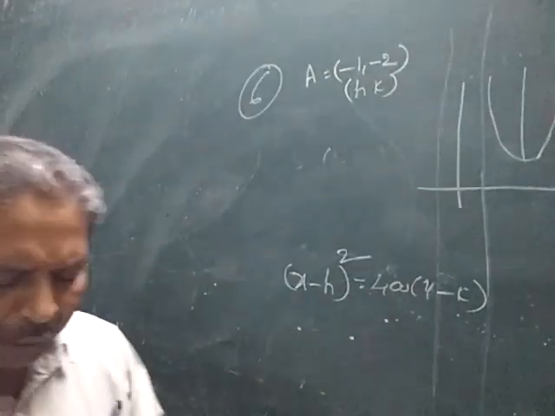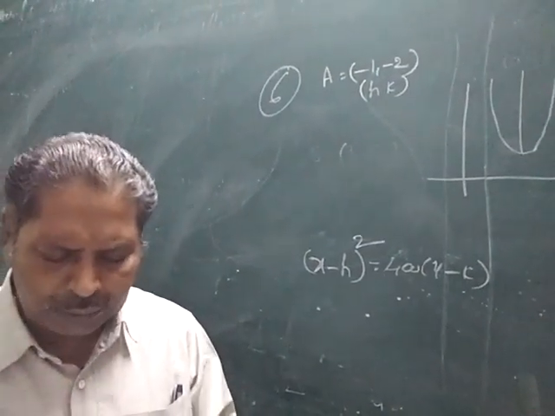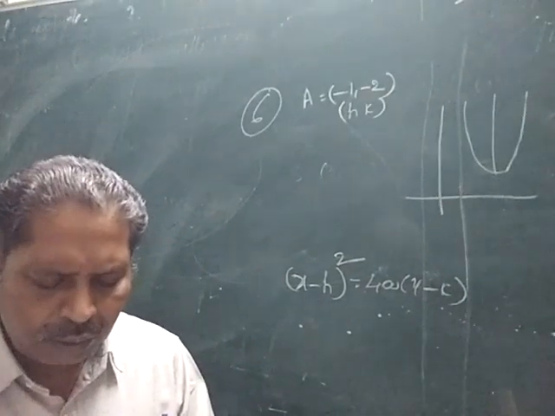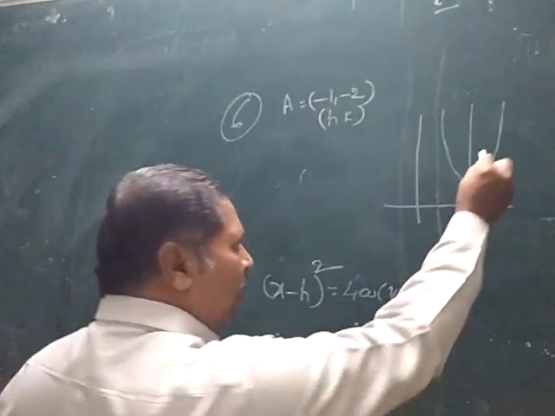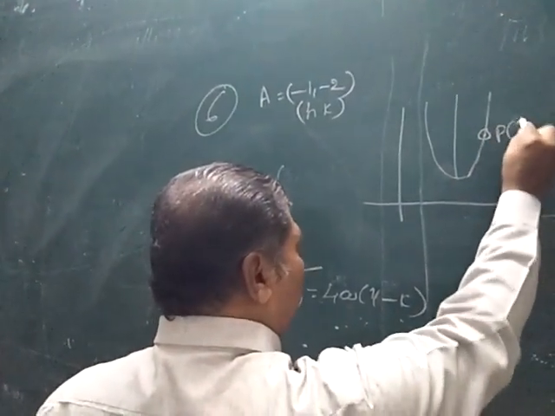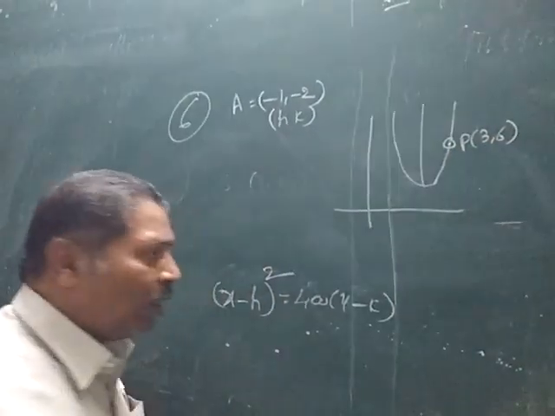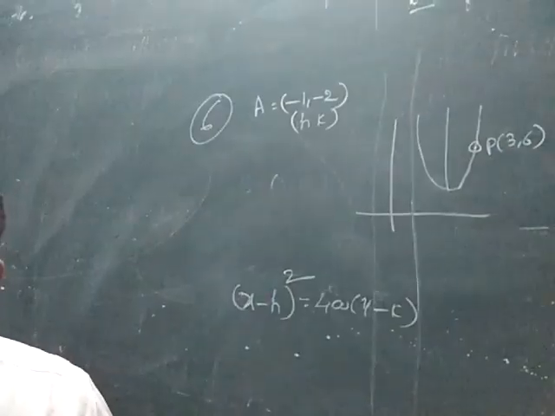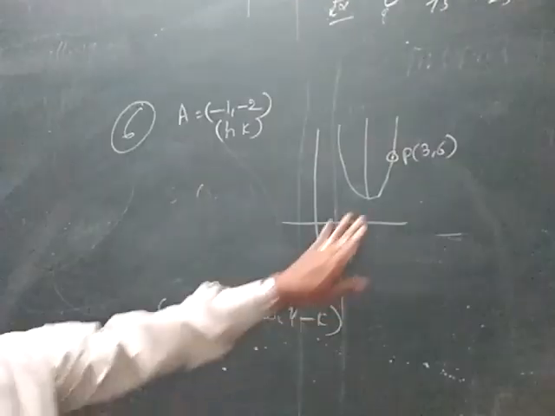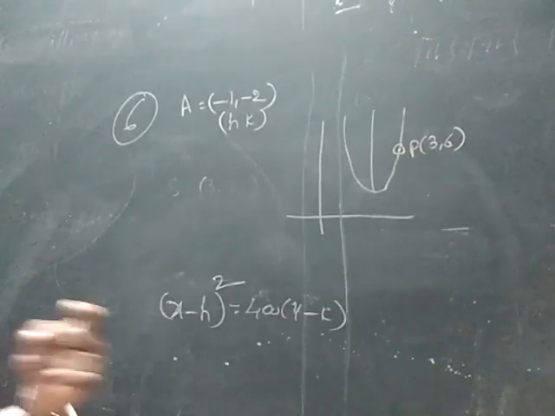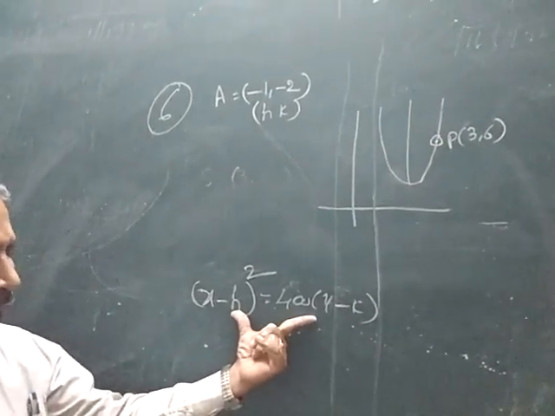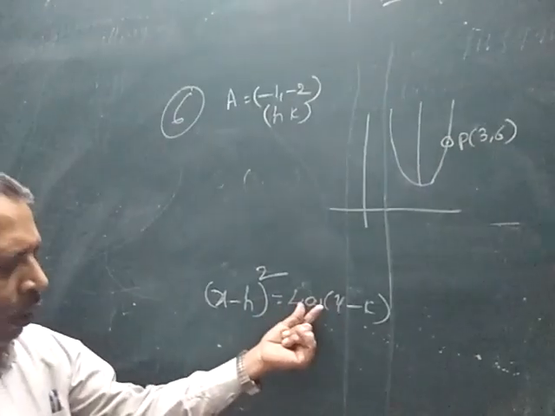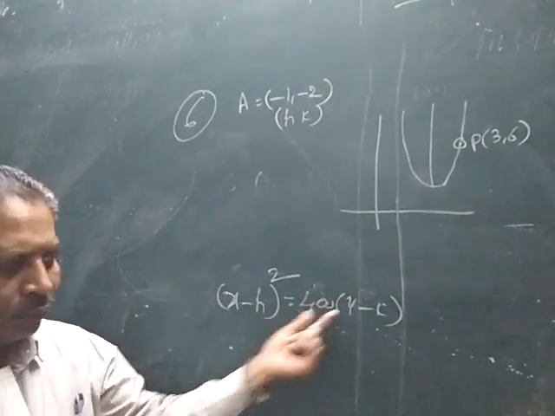We want the a value. For that, given the parabola passing through the point (3, 6). So substitute this value in the parabola equation, we get the a value.